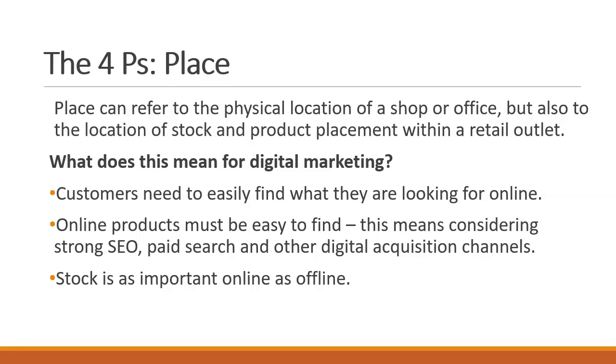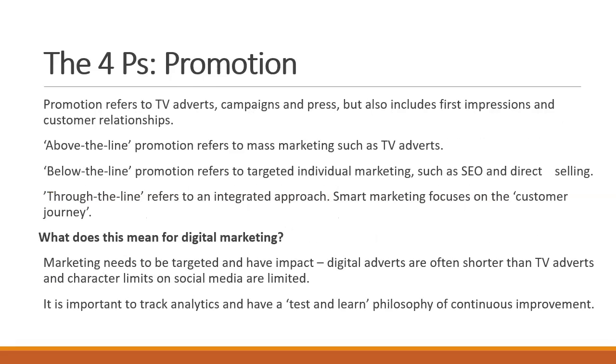So we might be the first website that they're going to click on, or are we further down on that search, maybe on page 2, and we need to increase our SEO if students are ever going to see our product or our website. And then promotion.